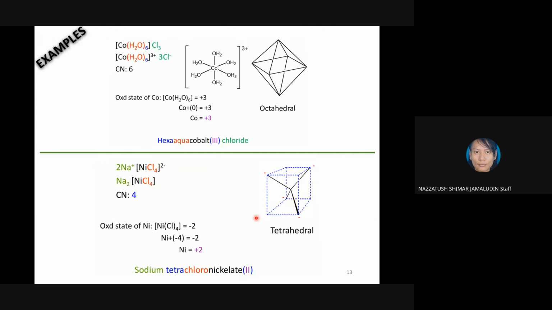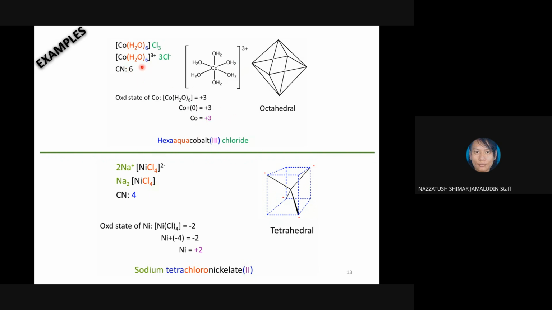You can find the oxidation state the same way you are taught in your high school and in your principles of chemistry. The oxidation state of the metal is unknown. Water is a neutral molecule, so it carries no charge. Therefore, 6 times 0 is 0, equal to the overall charge of the complex, which is +3. So that makes cobalt a cobalt 3.